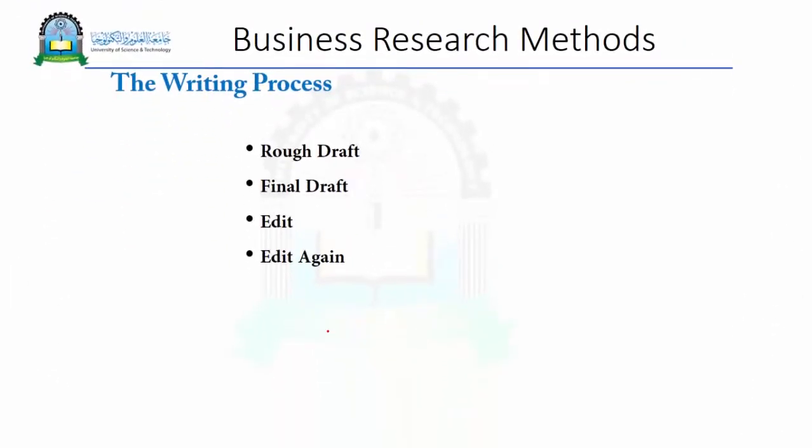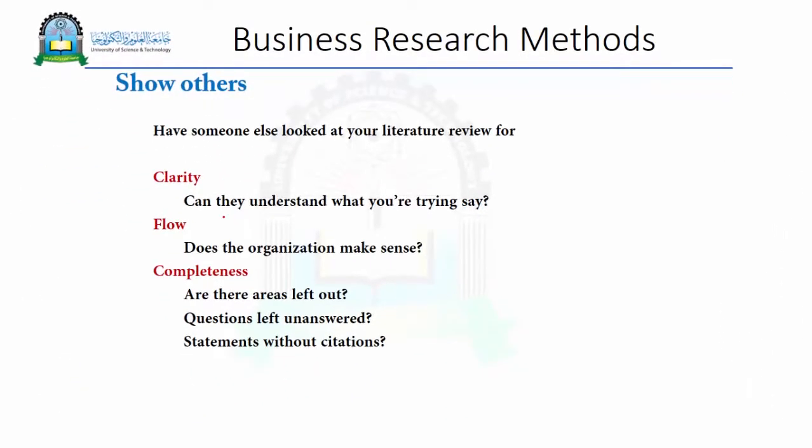The writing process: you write the literature review at the beginning as a rough draft, then a final draft, then edit again. It is good if you find somebody else to do the editing so you can find what problems you are facing. Have someone else look at your literature review for clarity, flow, and completeness.